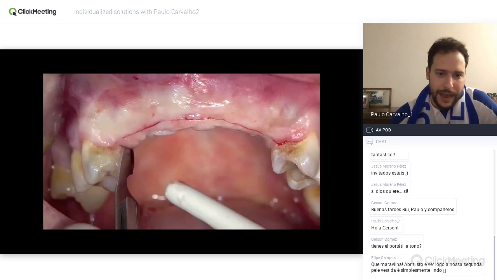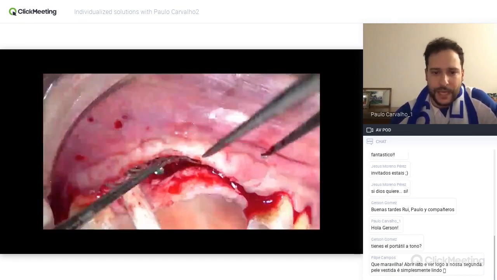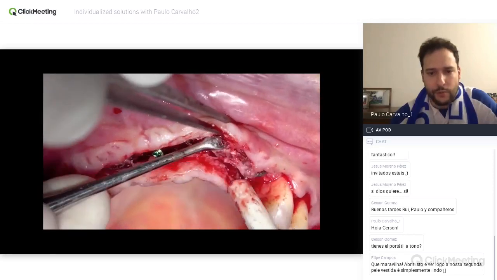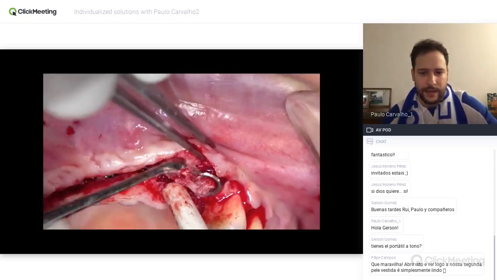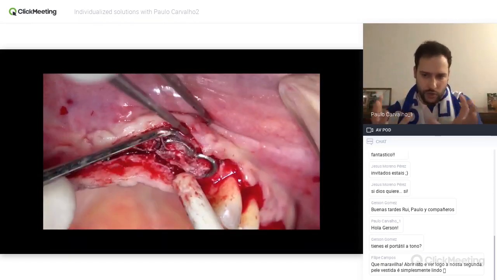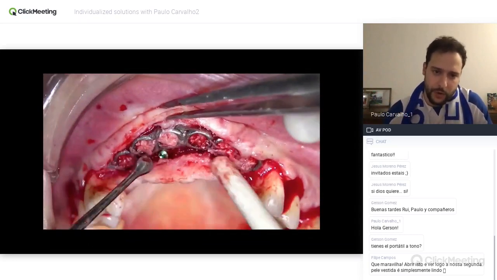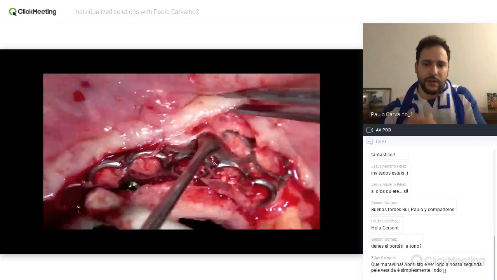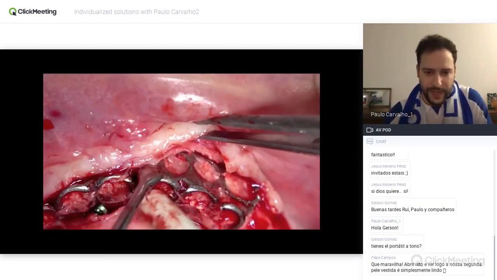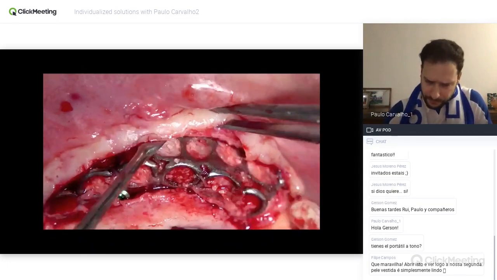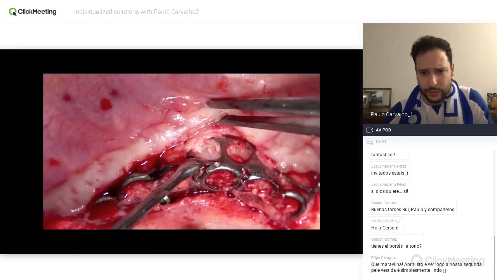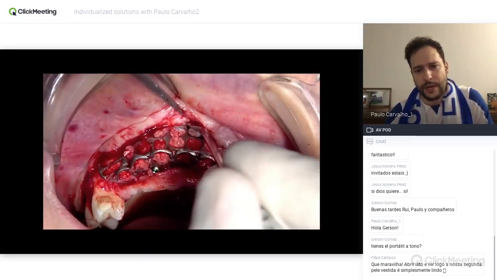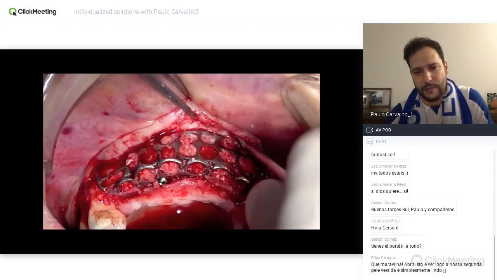And now, after 9 months, we are re-entering, and once again you'll see that a very good surprise is that even though we have huge holes on the mesh, there's not a single invagination of soft tissue into the defect, probably due to the good stabilization of the membrane after the titanium mesh.